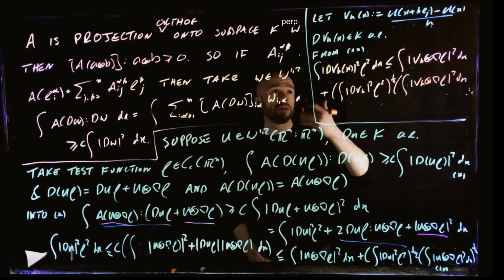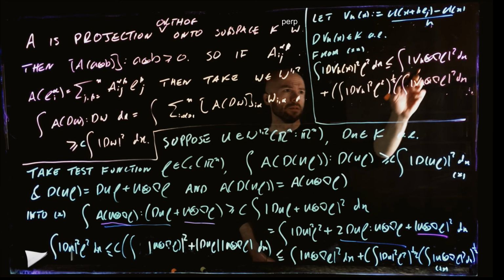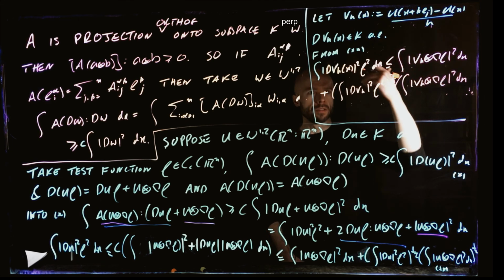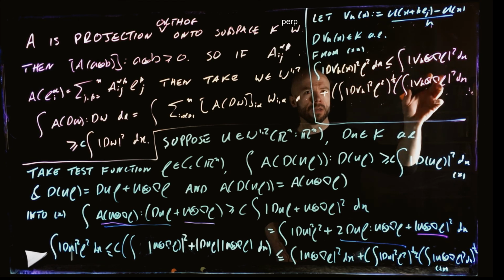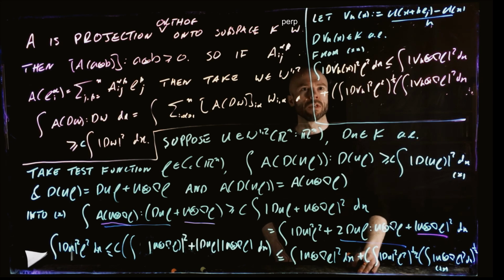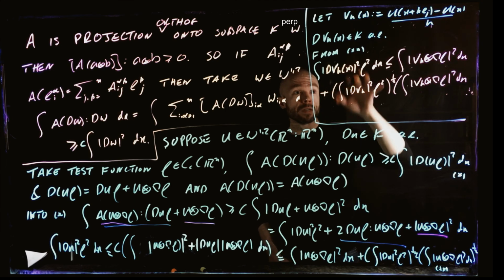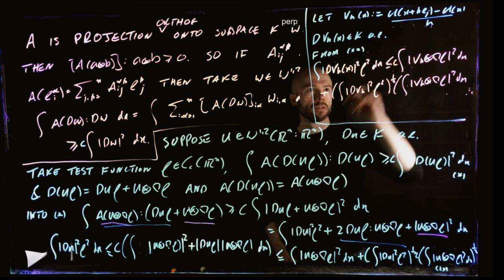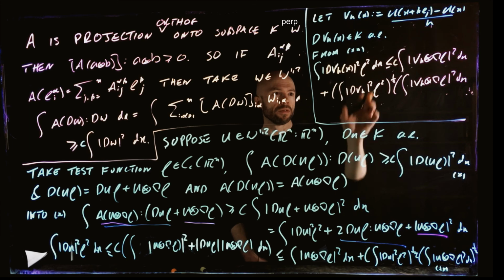And since we know that w belongs to W^{1,2}, this thing is going to be a nicely bounded sequence in L2, right? So this is bounded in L2, this is bounded in L2, it's uniformly bounded for all small h. Yeah? So the only way that this inequality is true for all small h, and of course there's a constant c here, is if this thing is indeed bounded for all small h too, right?